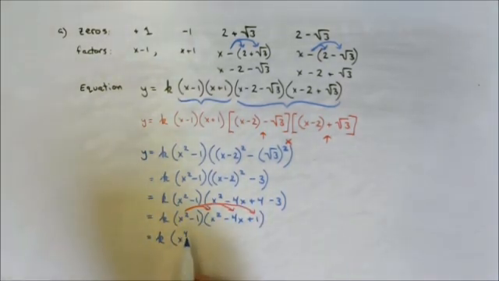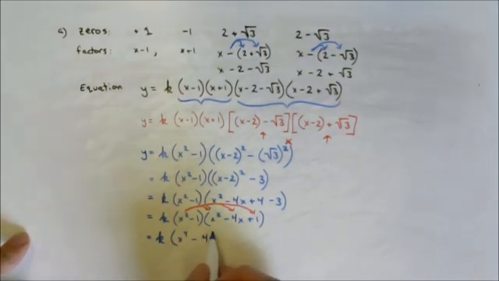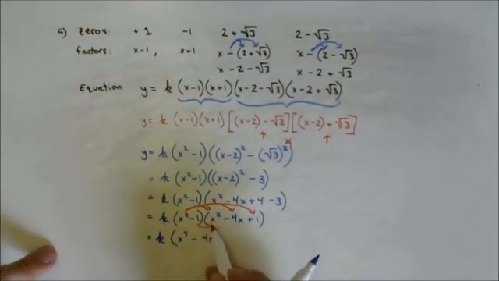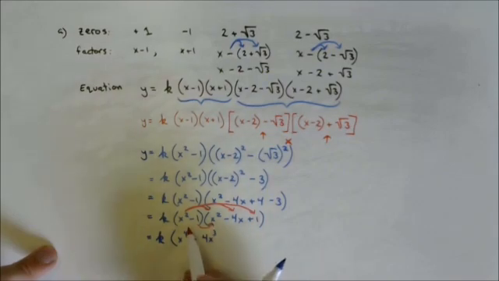We've got x squared times negative 4x, which would be negative 4x cubed. Then we've got x squared times plus 1, so that's going to be positive x squared, but I'm not going to write that because I notice what my next multiple is: negative x squared. So the positive x squared and the negative x squared are going to cancel each other out.